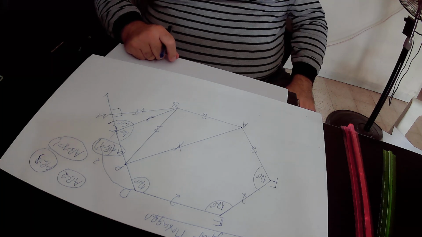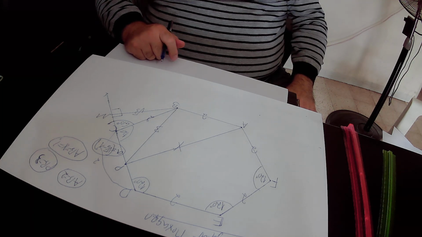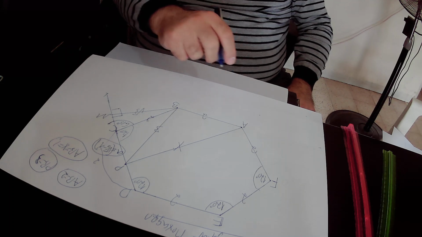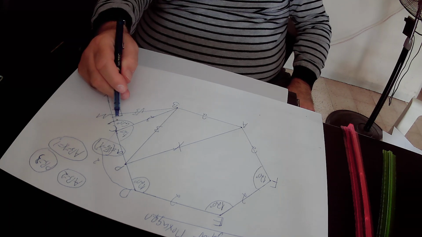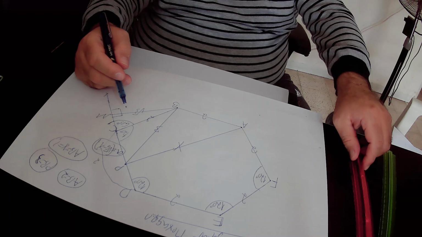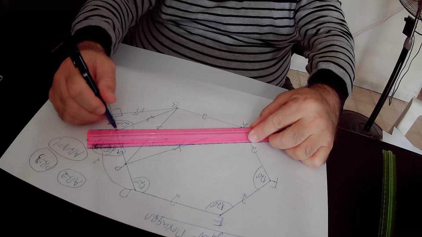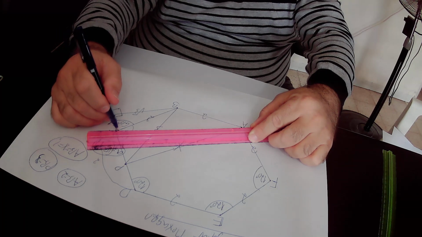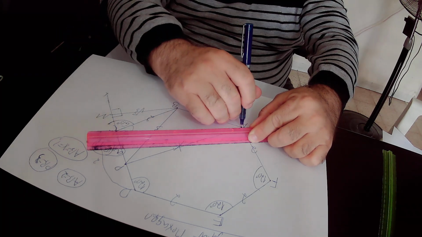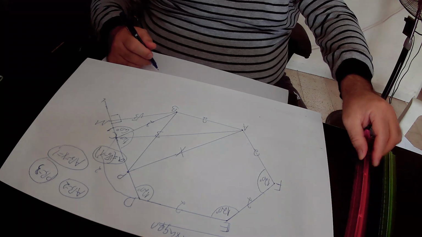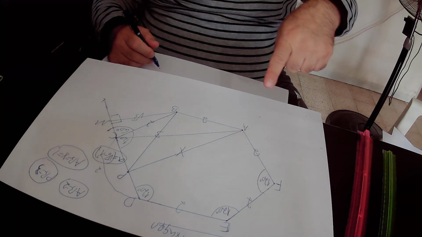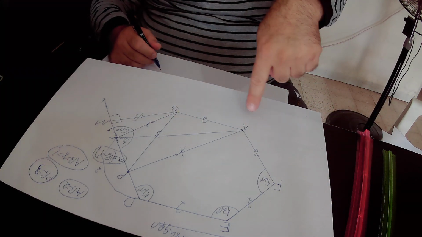In the next step, we'll join points A and C together by a straight line. By joining points A and C, we create the triangle ABC.